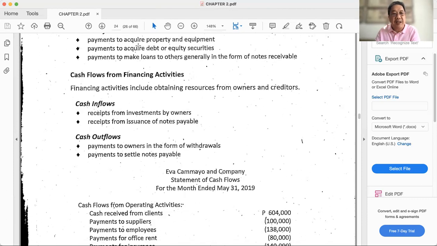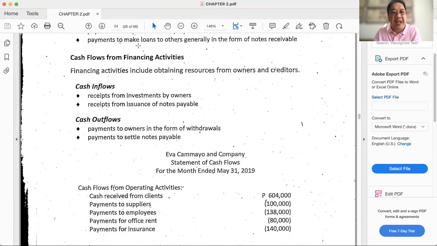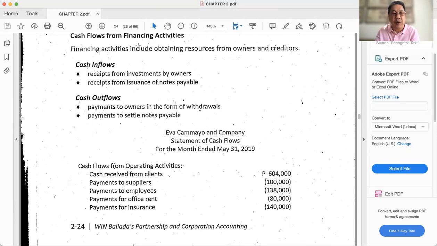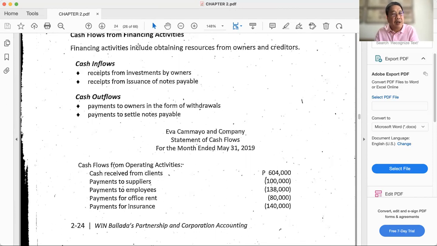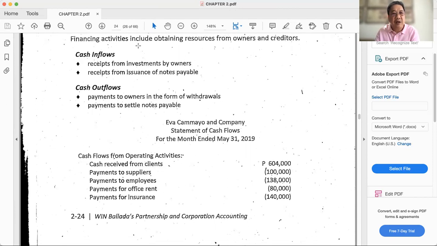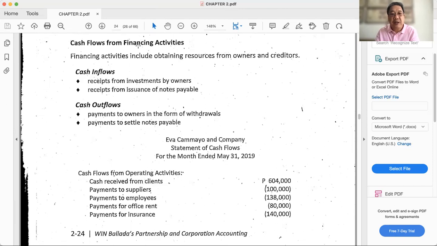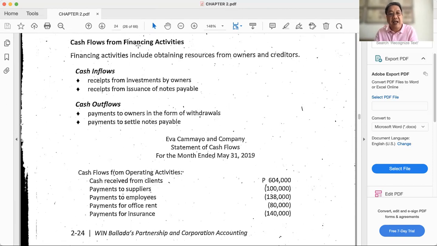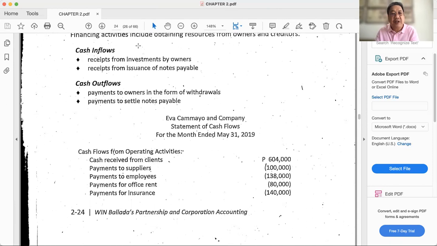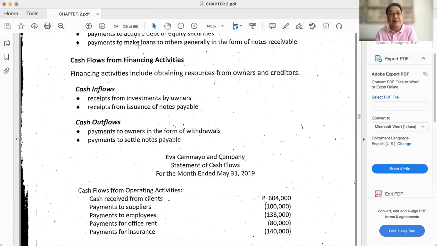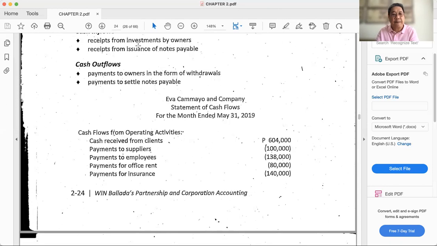Now, ito naman, issuance of notes payable. Umutang ka at nag-issue ka ng promissory note. Okay? Payments to owners in the form of withdrawals. Okay? Meron kang partner na nag-withdraw na. Ano yan? Financing activities, cash outflow. Payments to settle notes payable. Nagbayad ka ng iyong notes payable. So, cash outflow yan ng financing activities.